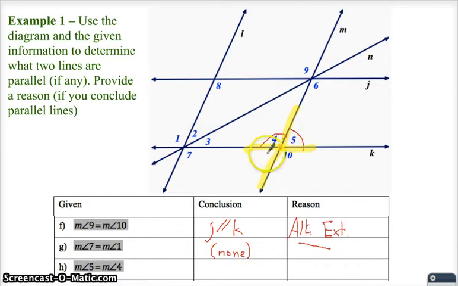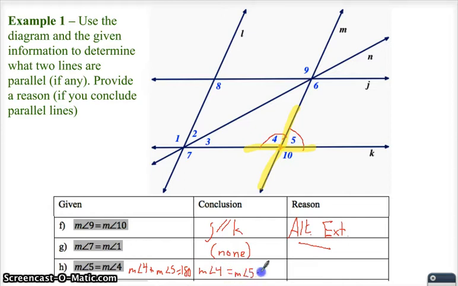So if linear pair angles are equal, I also knew, I could have thought about this too. I know that 4 and 5 have to add up to 180. If they add up to 180 and they're equal, I know that they're both 90.